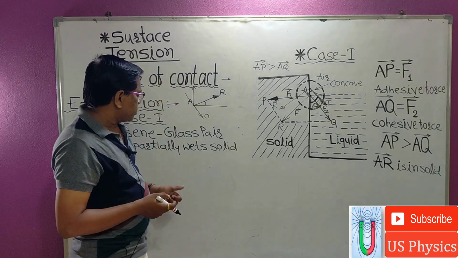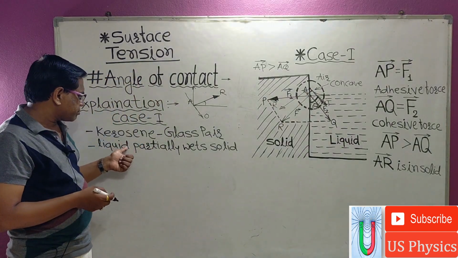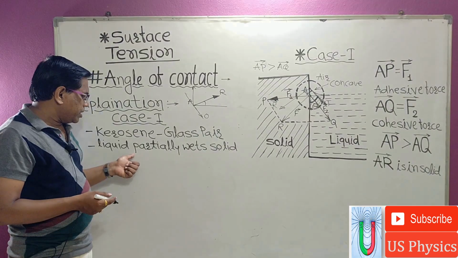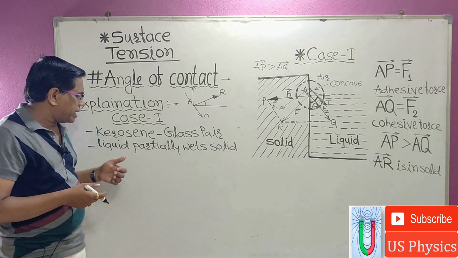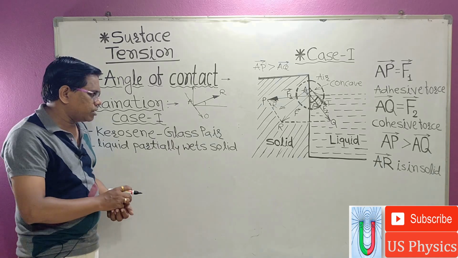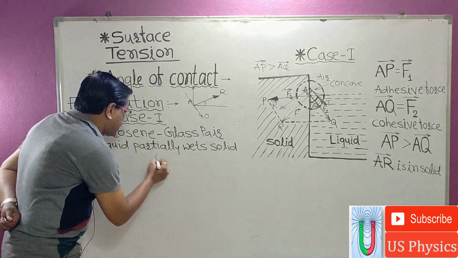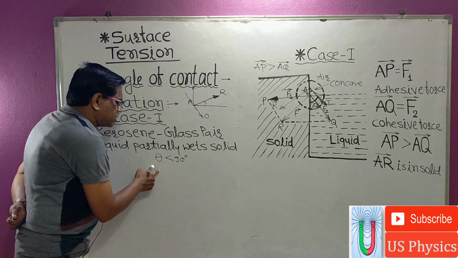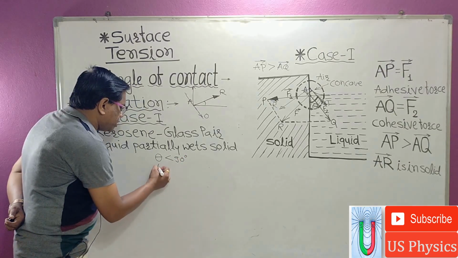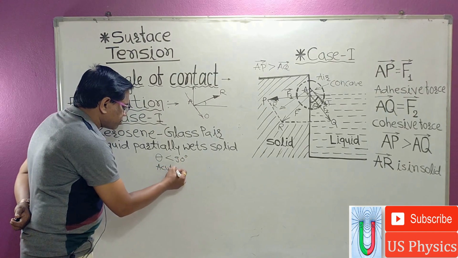Means in this case, which is this case? This is the case of liquid which partially wets solid. Or for example, we can take kerosene and glass. We can see that the angle of contact theta is less than 90 degree, means angle of contact theta is acute.